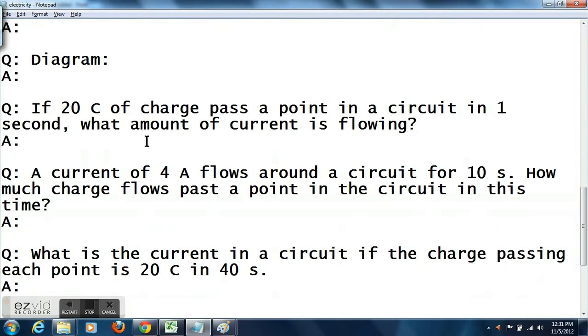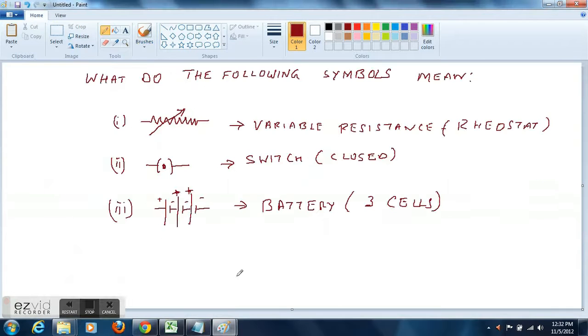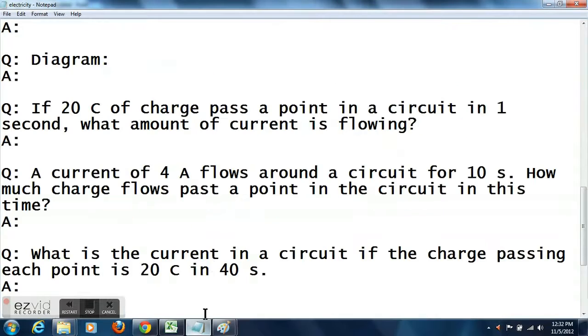Okay, next one is a very small simple numerical problem. If 20 coulomb of charge pass a point in a circuit in 1 second, what amount of current is flowing? So remember, the charge, that is Q, is equal to 20 coulomb and time is 1 second. So we know the formula, I equal to Q upon T. I is the current flow, Q is the charge, and T is the time in second.